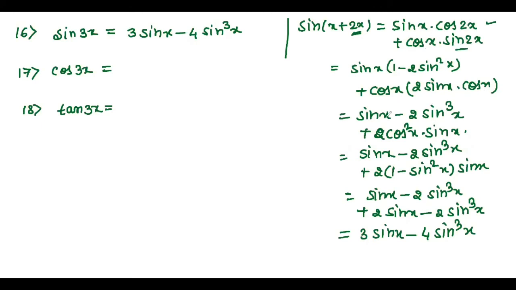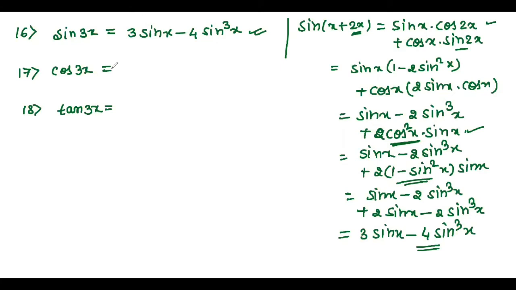Then we multiply sin x into 1, that is sin x, then sin x into 2 sin square x, that is 2 sin cube x, then plus 2 sin x into cos x into cos x. So it is 2 cos square x into sin x. Now sin x minus 2 sin cube x, and here cos square x we can write as 1 minus sin square x. After that we'll calculate it. So finally we get the right hand side part. So you have to remember this.